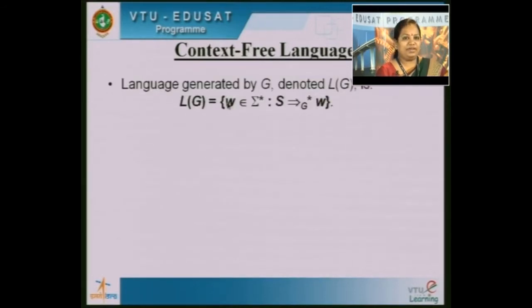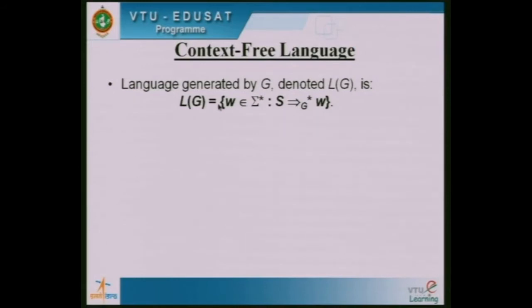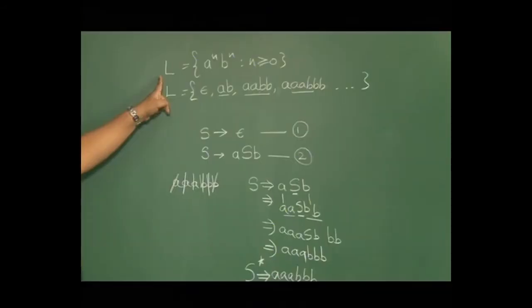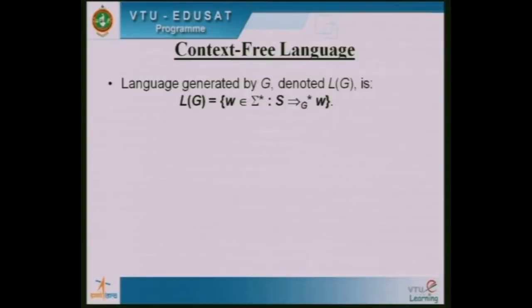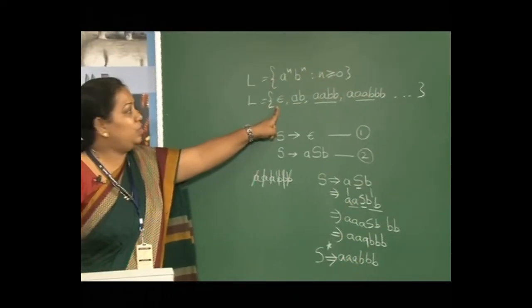Now, after defining context free grammar, let us see what we mean by context free language. The language generated by the grammar G, denoted by L of G, is L of G equals W, where W is all possible strings which belong to sigma star.